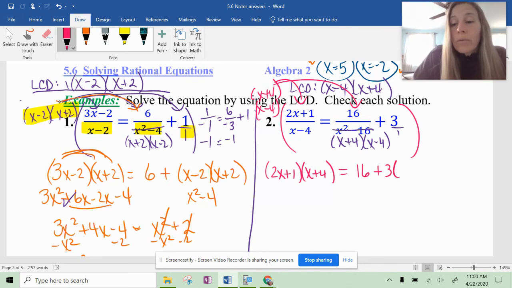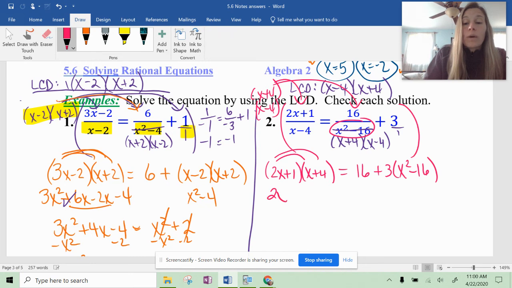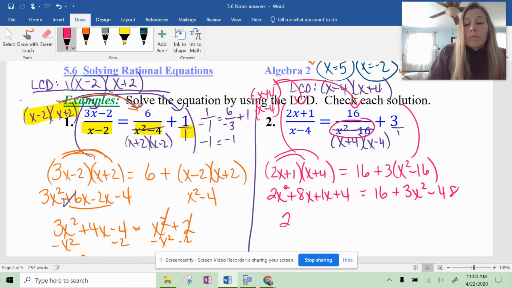And then we're going to have 3 times both x plus 4 and x minus 4, which if you just want to put it back into that x squared minus 16 form, saves you a little bit of trouble there. So now we're FOILing. So we have 2x squared plus 8x plus 1x plus 4. And then over here we have 3x squared minus 48. So we're going to combine any like terms we have. So we have a 9x here.